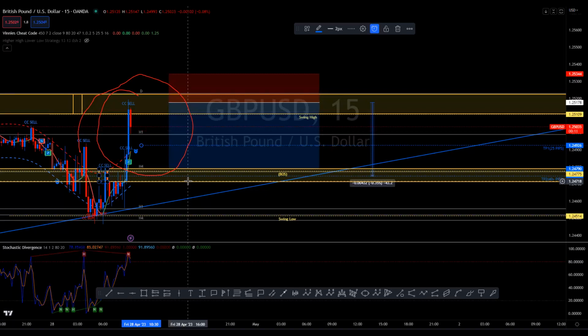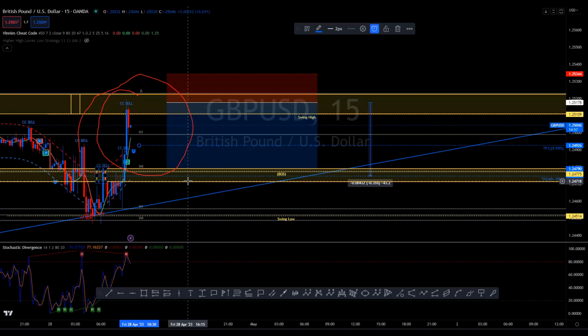Approaching about 10 seconds now. Three, two, one. Let's see. This candle.